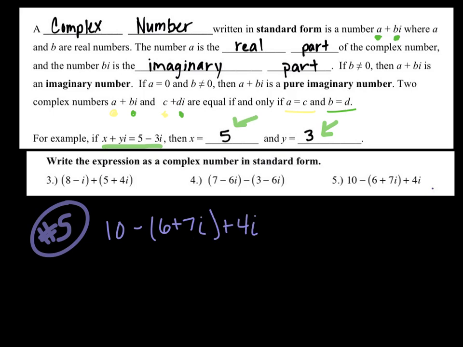For right now, when you guys are adding and subtracting, all you really do is treat the i's like terms. So I'm going to simplify it first. I'm going to distribute that negative and make this 10 minus 6 minus 7i plus 4, but then you just combine like terms. So 10 minus 6 gives you 4, and negative 7 plus 4 gives you negative 3i.